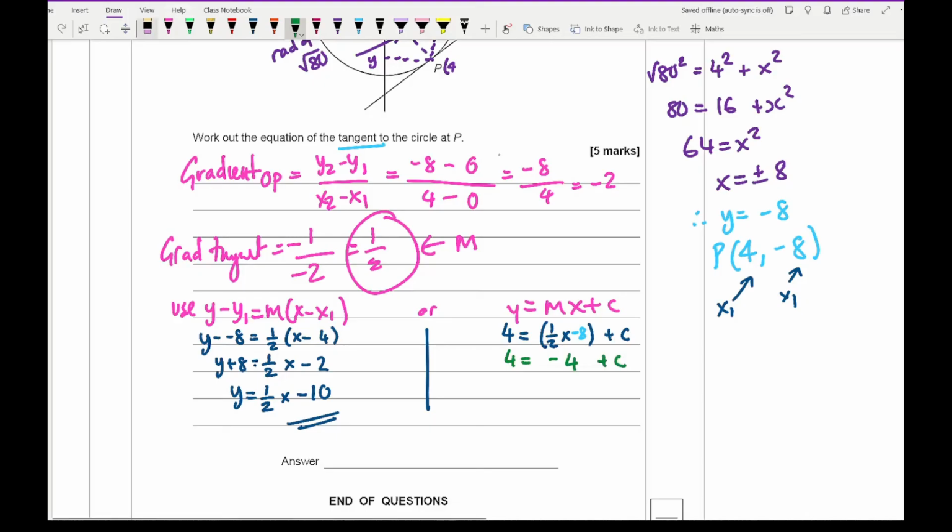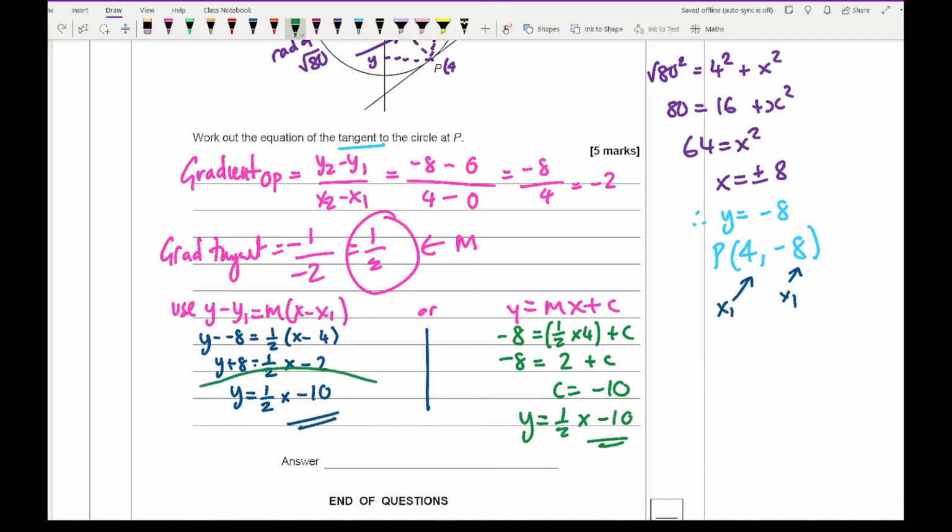Actually I've got those the wrong way around, so let me correct that. It should be minus 8 equals a half times 4, plus c. Minus 8 equals 2 plus c, so c equals minus 10. So I get y equals a half x minus 10. As you can see, I've got the same answer both ways: y equals a half x minus 10.